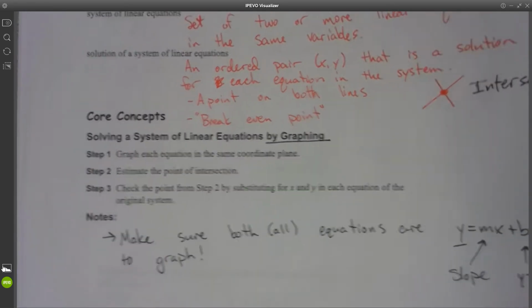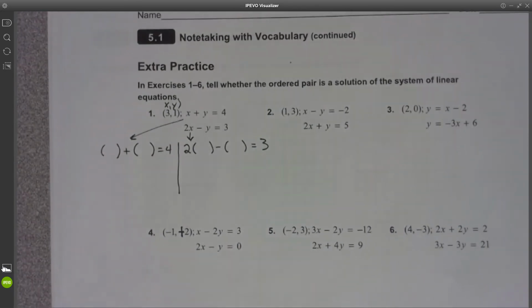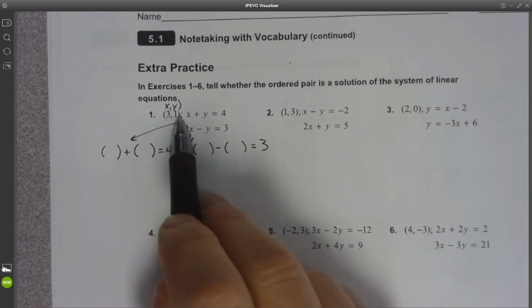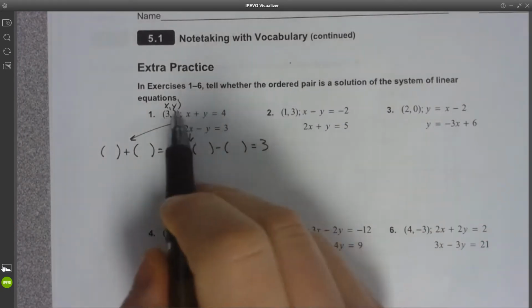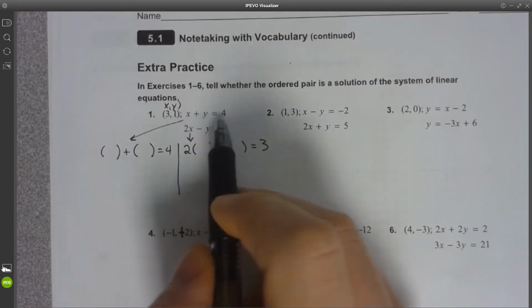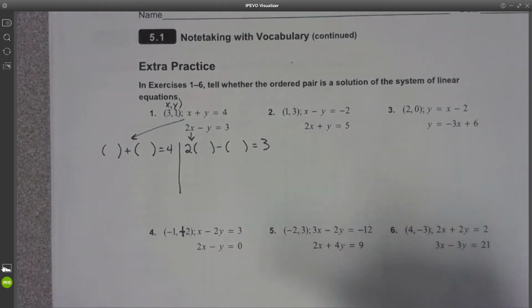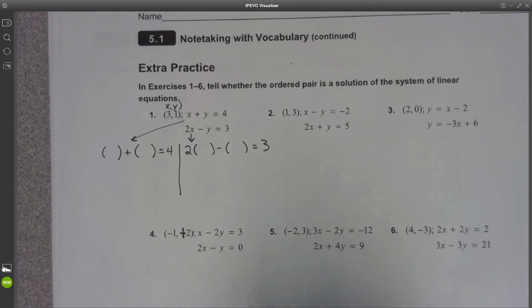Before we go into graphing, let's talk about what makes a point a solution to a system. So how do I know if a point is on the line? Well, if I substitute and check to see does it result in something that truly is equal, then I know that that point is one of the points on this line.